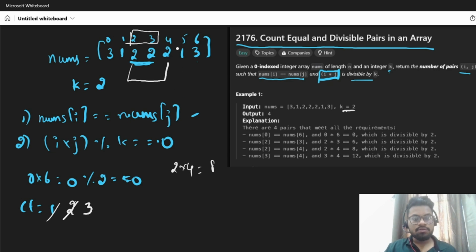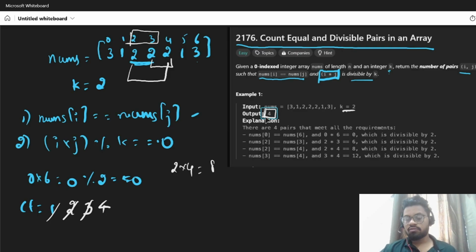And if you see this 3 and 4, both values are equal, and if you multiply their indices, which is 12, it is still divisible by 2. So now the counter reaches the max of 4, and that is the maximum number of pairs that we can get from this nums array. So that is the answer.